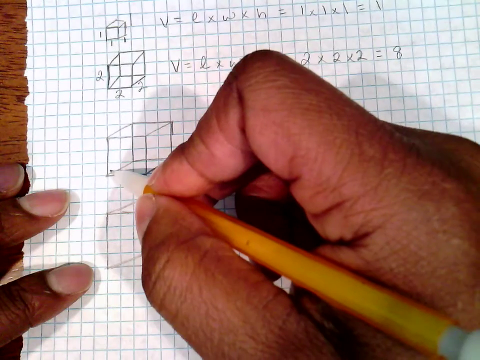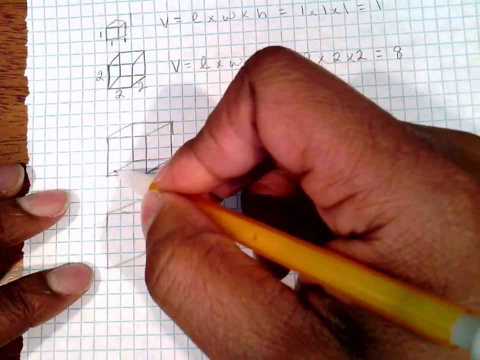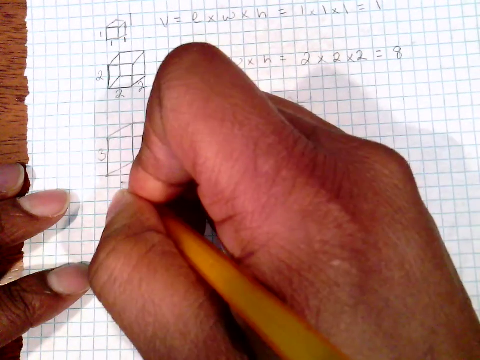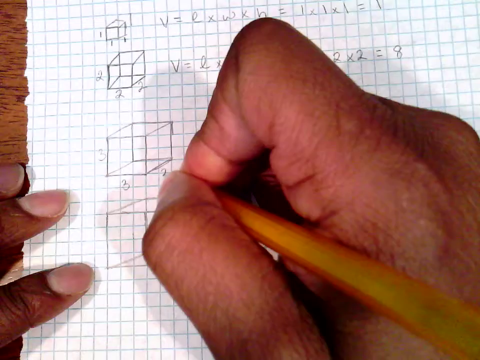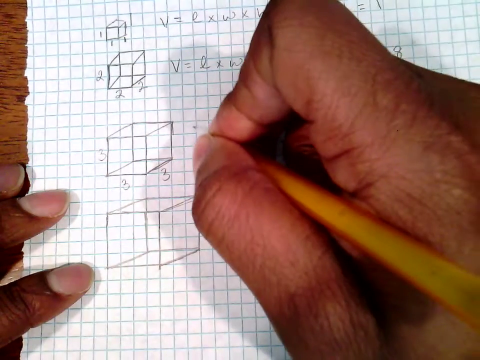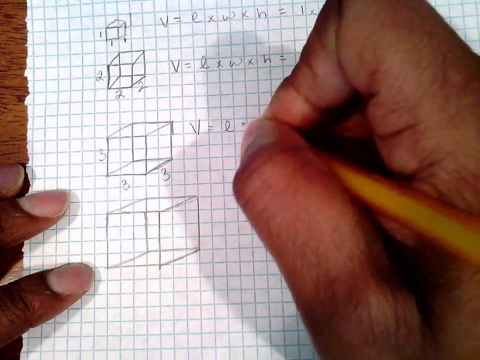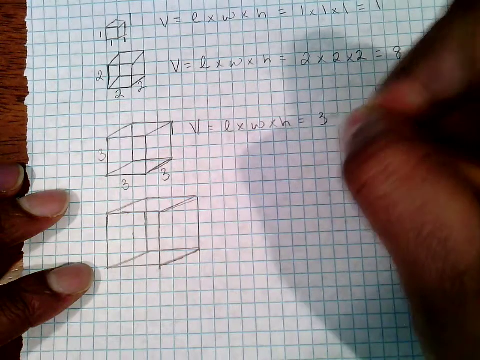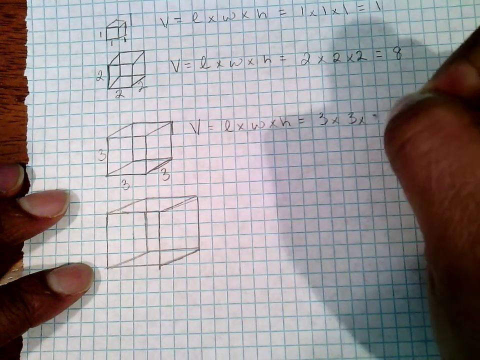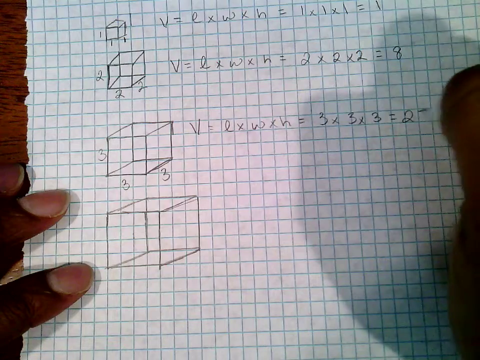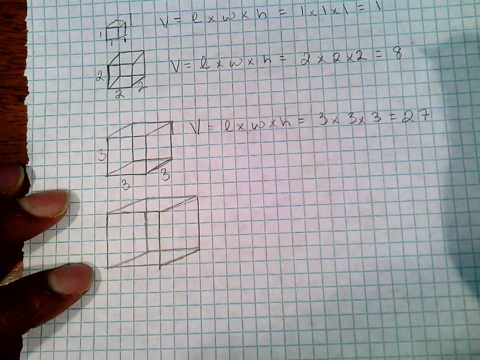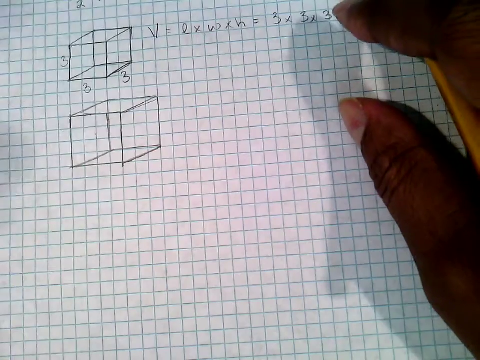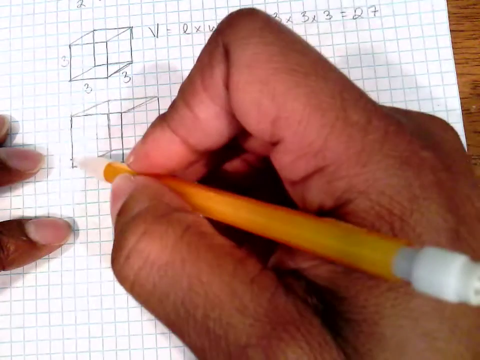And here, in this cube, we go 1, 2, 3 high, 3 long, and 3 wide. So the volume, length times width times height, is 3 times 3 times 3, which gives me 27. And the last one here, we're going to look at a pattern.